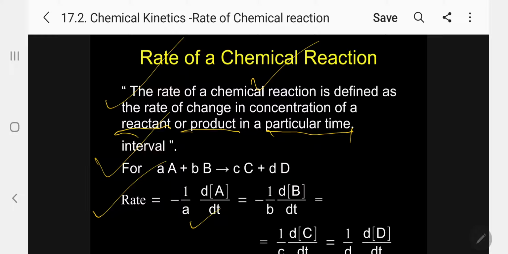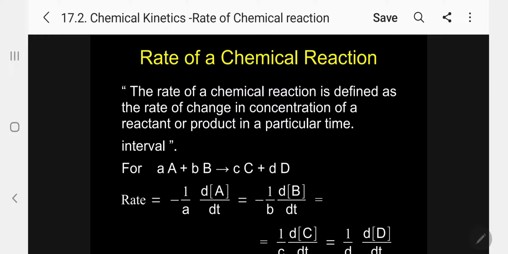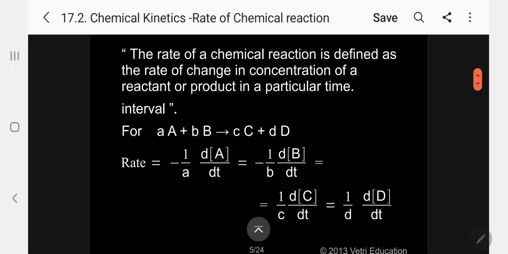Rate = minus 1 by a, dA by dt, that is equal to minus 1 by b, dB by dt, that is equal to 1 by c, dC by dt, equal to 1 by d, dD by dt. The one important information I want to point out here, you students must know.